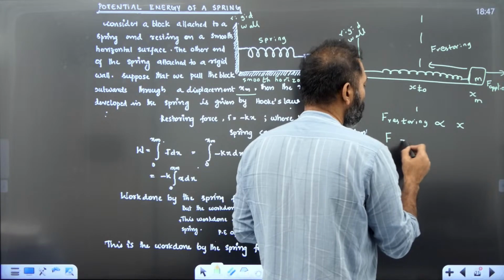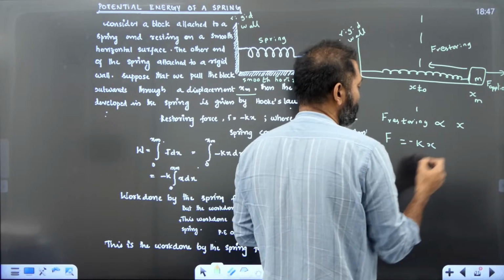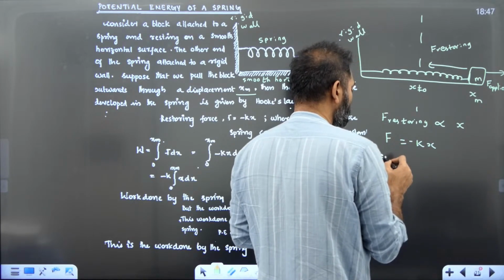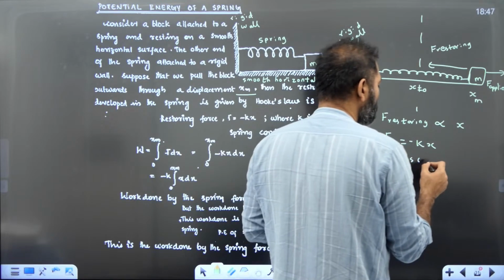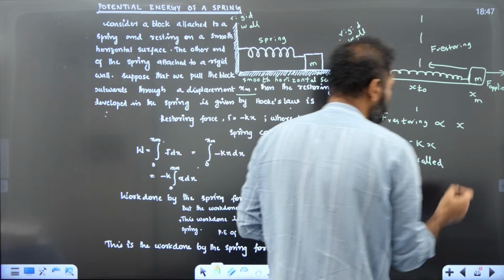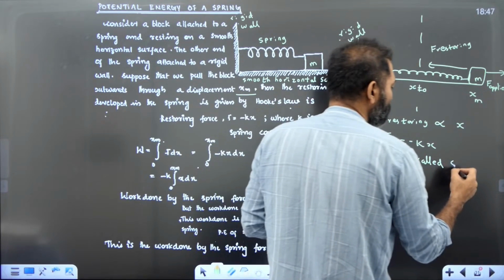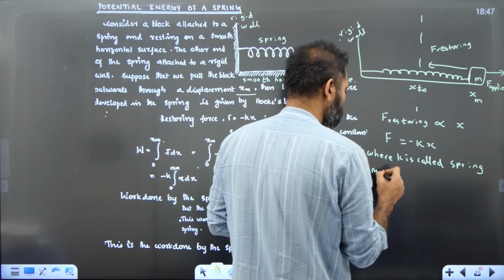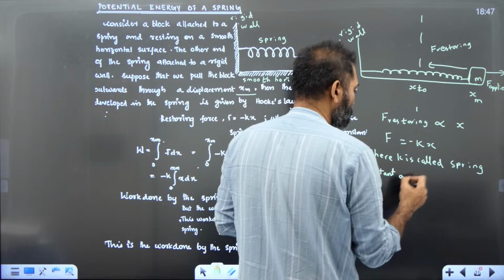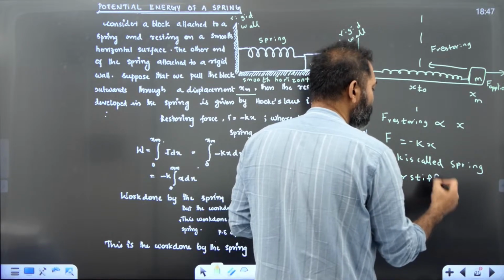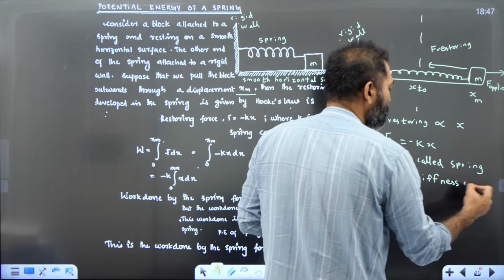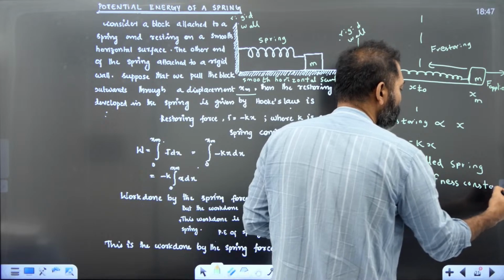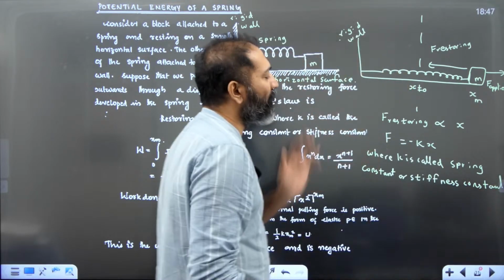So restoring force is equal to minus kx, where k is called the spring constant or stiffness constant. What is k? Spring constant or stiffness constant. That is the spring's property.